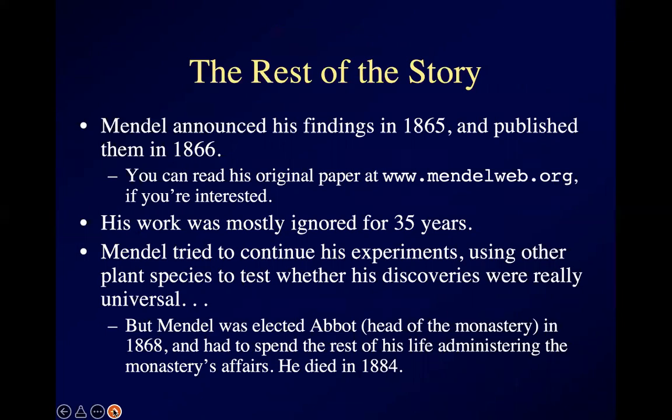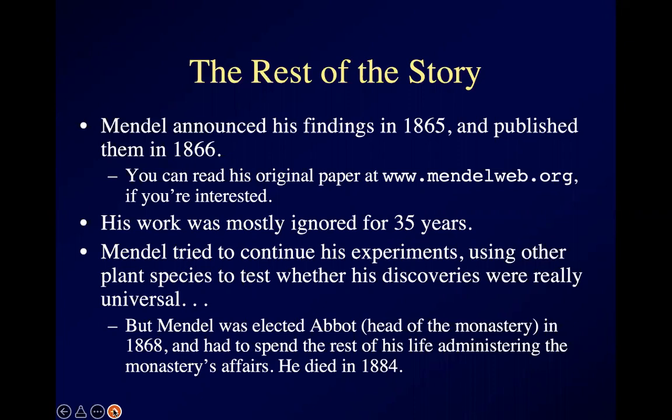They publish articles in rather specialized magazines, which used to be all print, although these days almost all of them are either electronic only or printed in both ways. These are called journals, and he published his findings in a journal called the Proceedings of the Natural History Society of Brno. In other words, it's not exactly Time magazine. It was kind of an obscure place to publish.